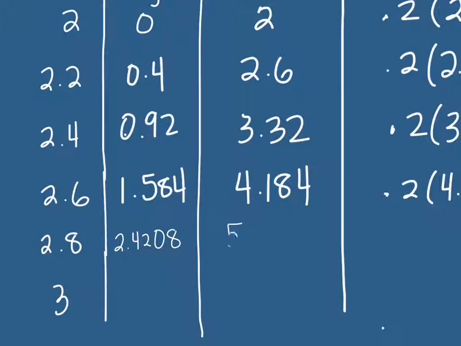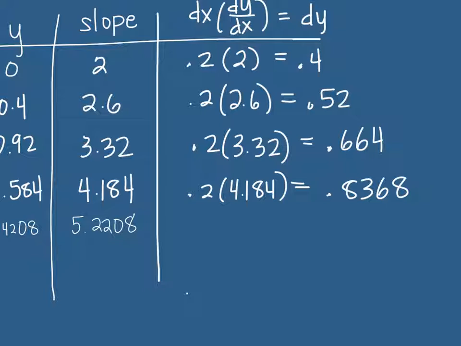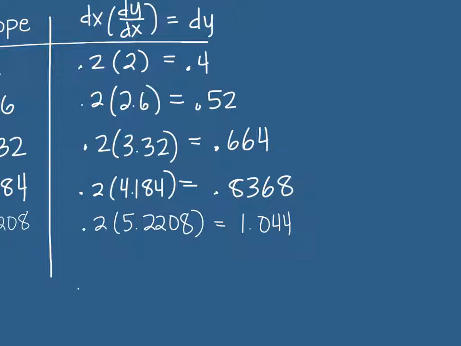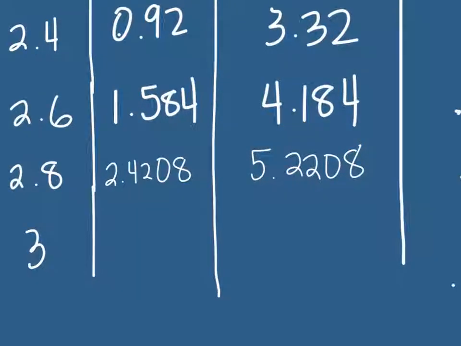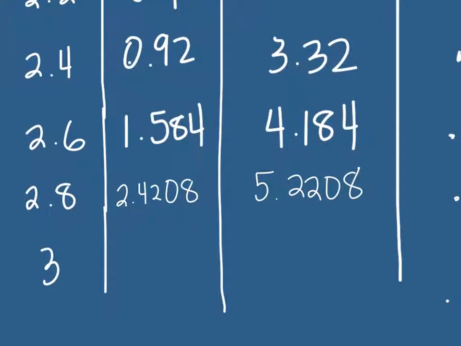Plug that into the slope, 5.2208. Multiply 0.2 times 5.2208, we're almost done. We get 1.04416. Add that, and you get 3.46496, and you stop.